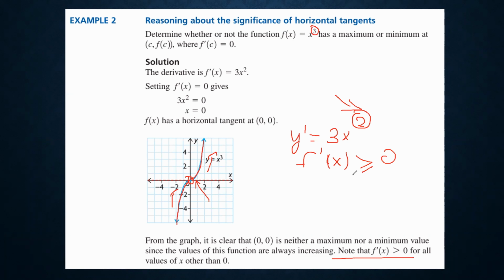So the critical number is always the x value, and the y value is just the value of the function at this point. The critical number is x at this point.